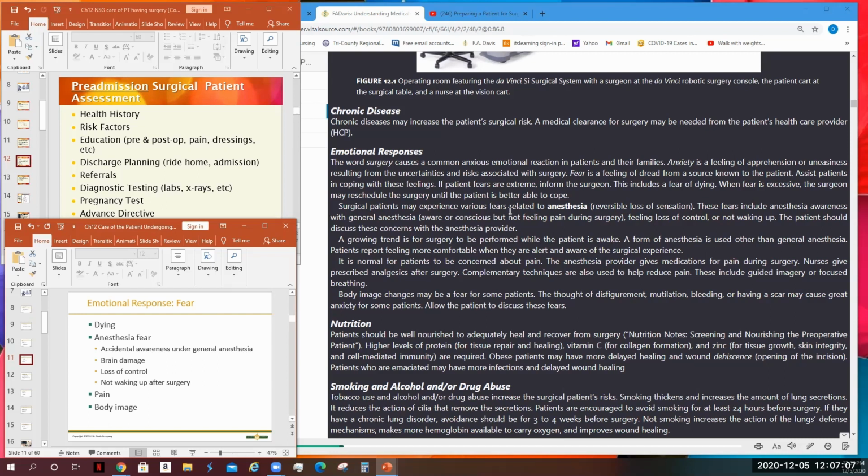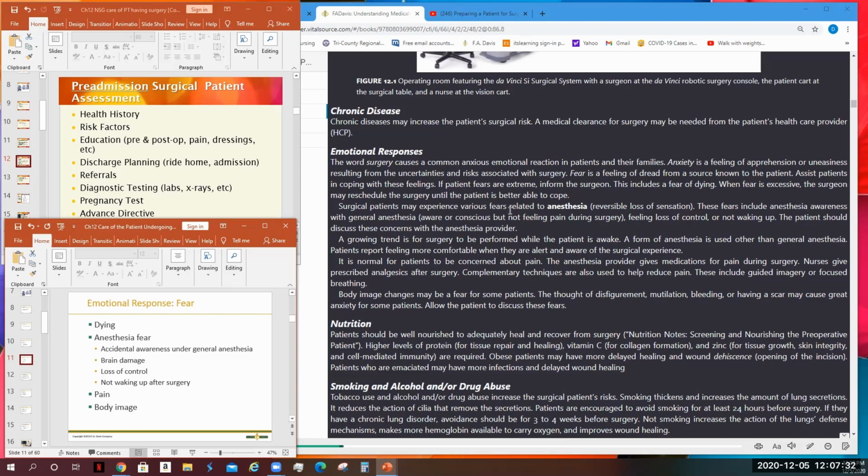Surgical patients may experience various fears related to anesthesia, reversible loss of sensation. These fears include anesthesia awareness with general anesthesia, which is aware or conscious but not feeling pain during the surgery, feeling a loss of control or not waking up.